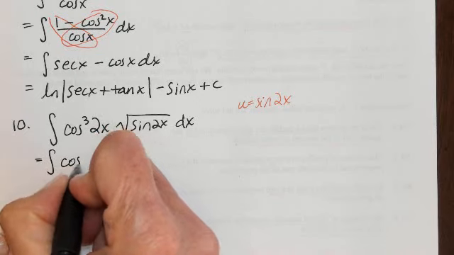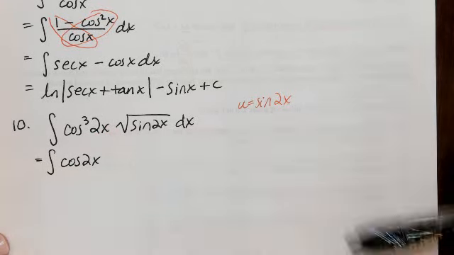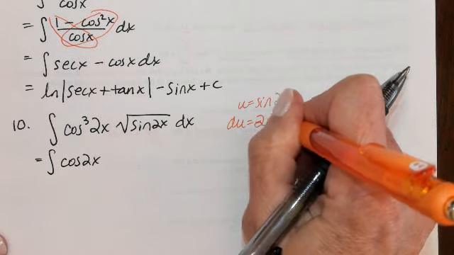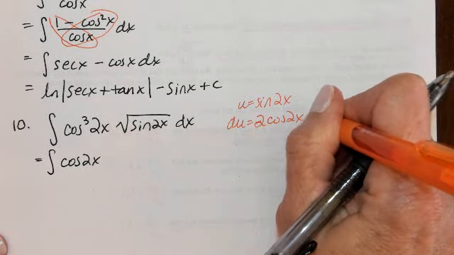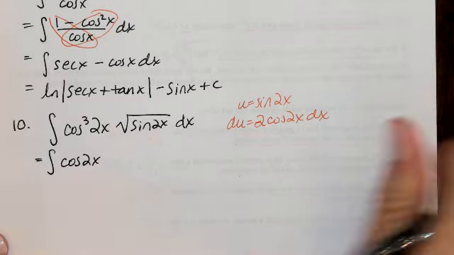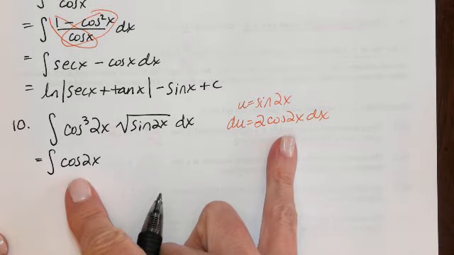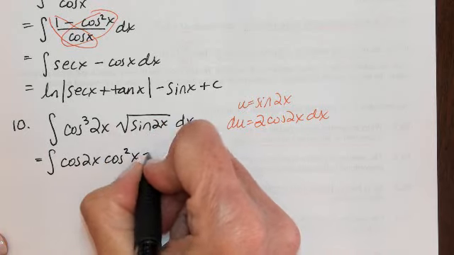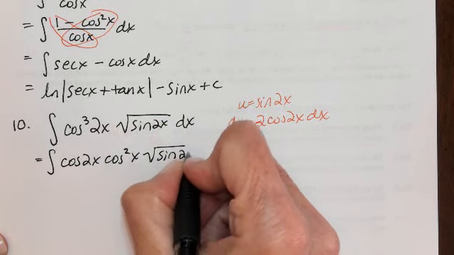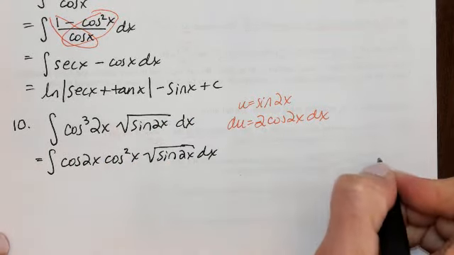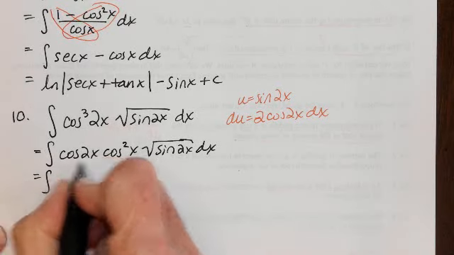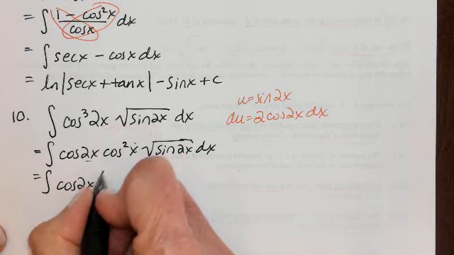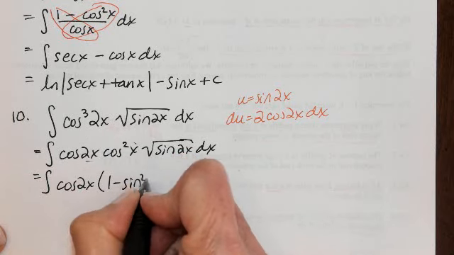I'm going to take a cosine out and save it for my derivative, because the derivative here will be 2 cosine of 2x, right? So that's going to be part of my du when I get there. All right, so now I'm going to keep this cosine 2x for my du. In place of cosine squared, I'm putting 1 minus sine squared.